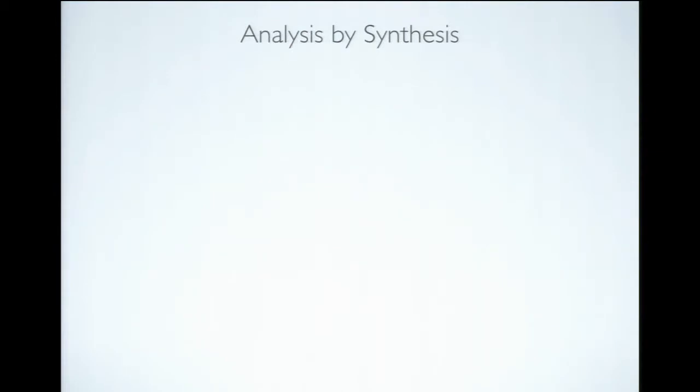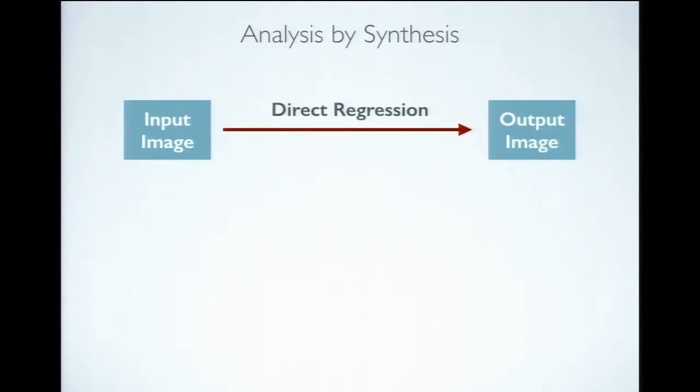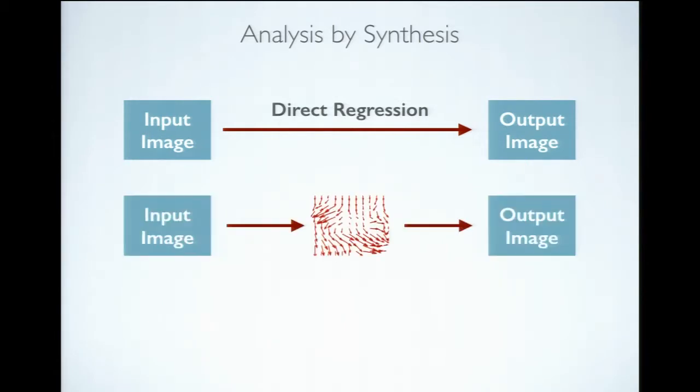Now let's take a step back and look at the pipeline from a higher level. In direct pixel regression, it's a pixel-in, pixel-out pipeline with the CNN acting as the black box mapping between the input and the output. In our appearance flow work, the CNN instead needs to learn to associate pixels between the input and the output.